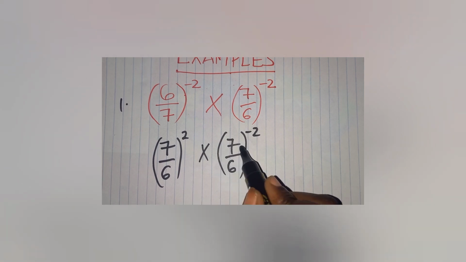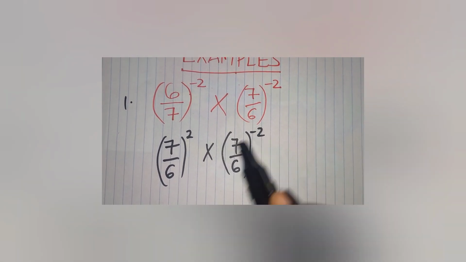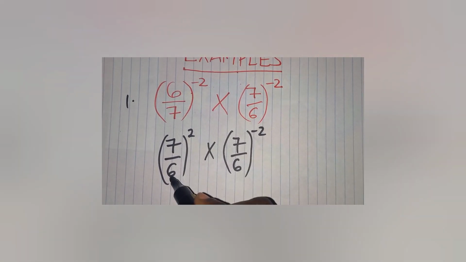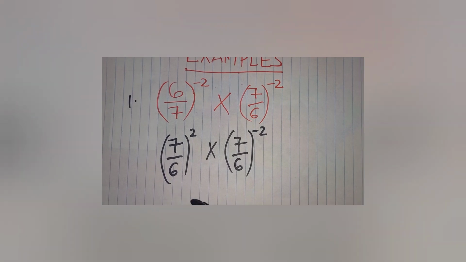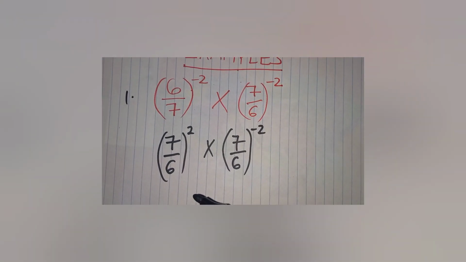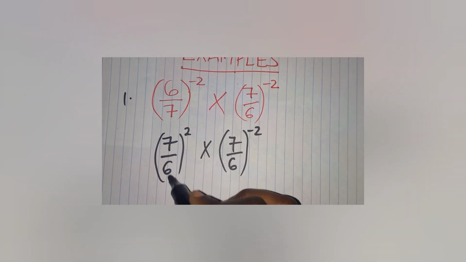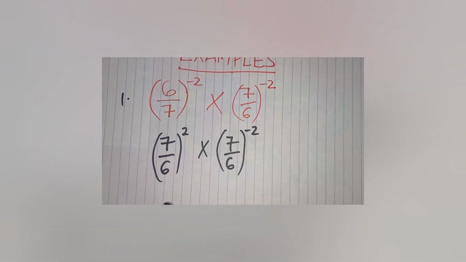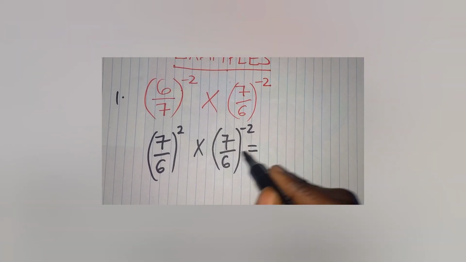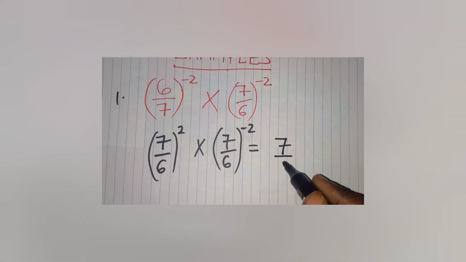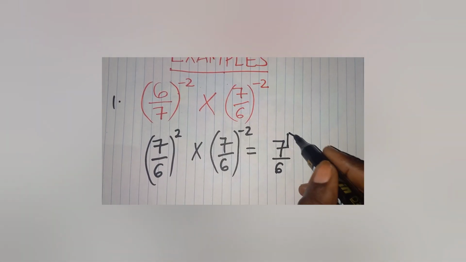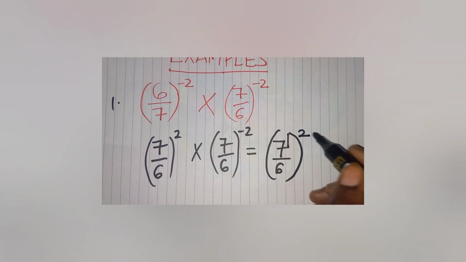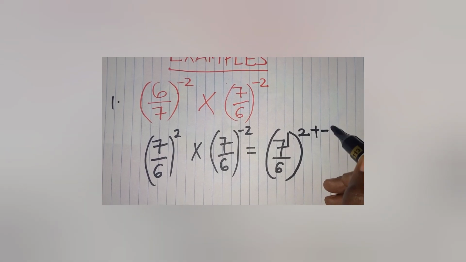In the second case, you're not going to eliminate the negative because we want our base to be the same. So we want our base to remain 7 all over 6. Now, in law number 1, we said that when you have the same base and you're multiplying, you just add the indices. So this will be equal to (7/6) raised to power 2 plus negative 2.